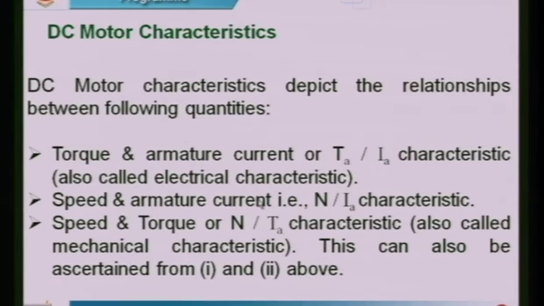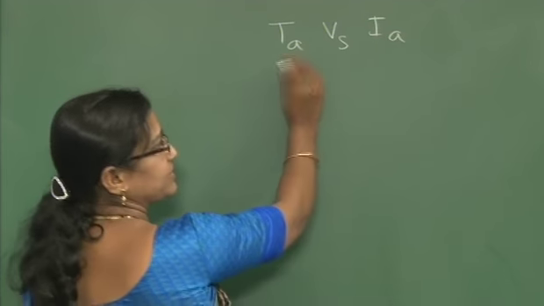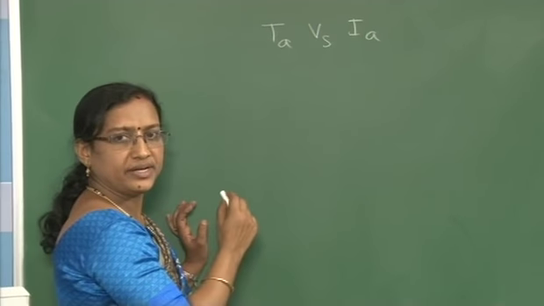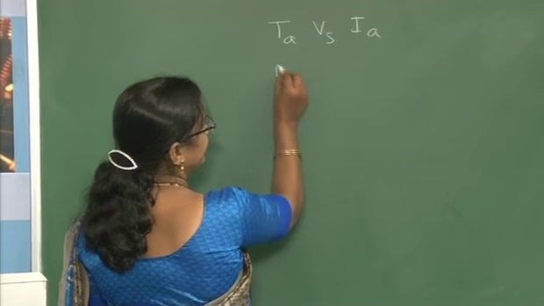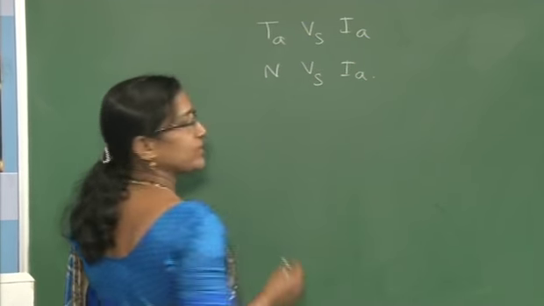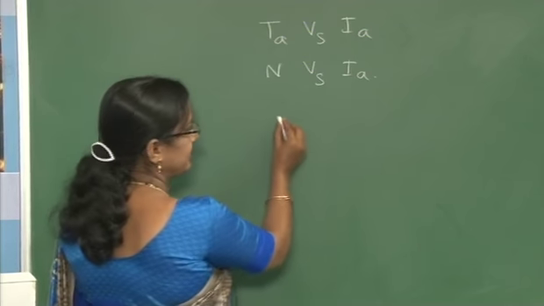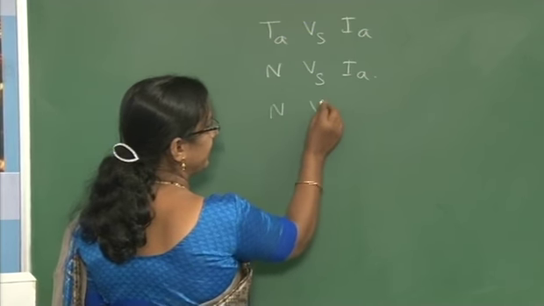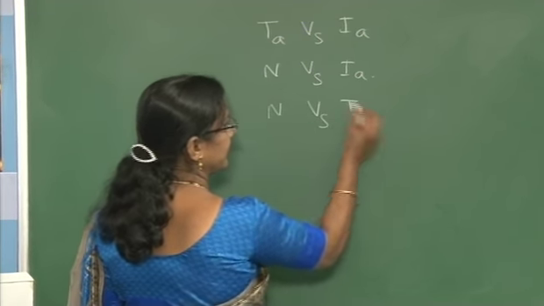The electrical characteristics we are going to consider are the armature torque versus armature current, and speed versus armature current. The mechanical characteristic we are considering is speed versus torque.